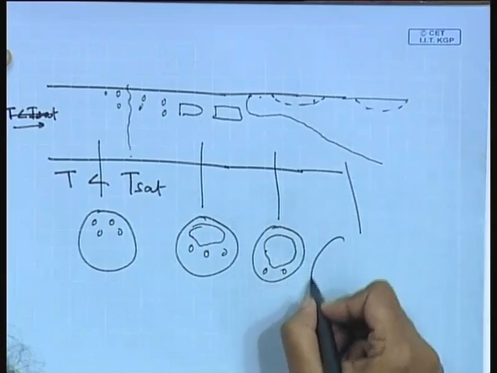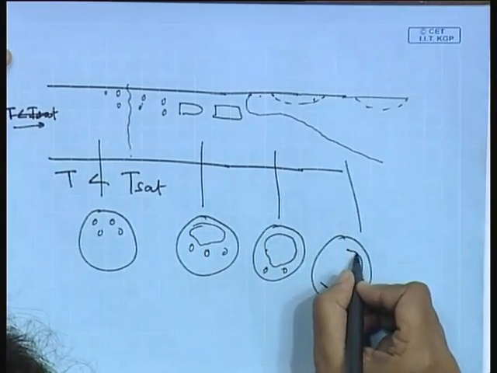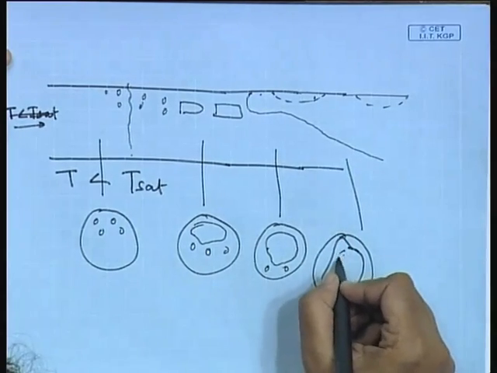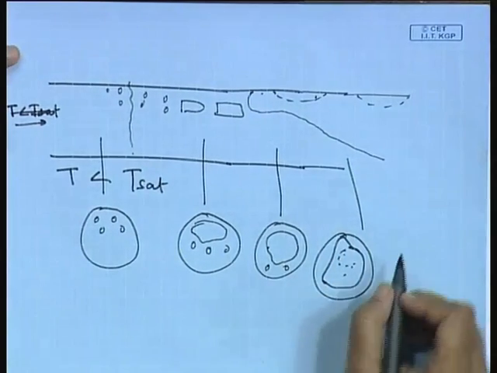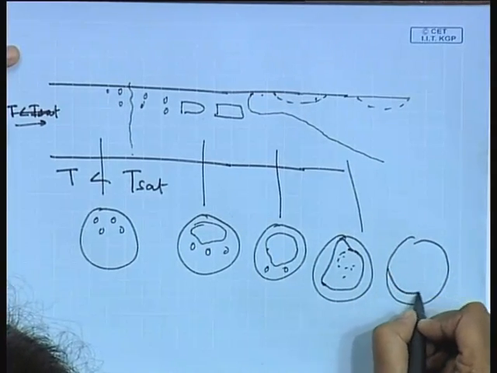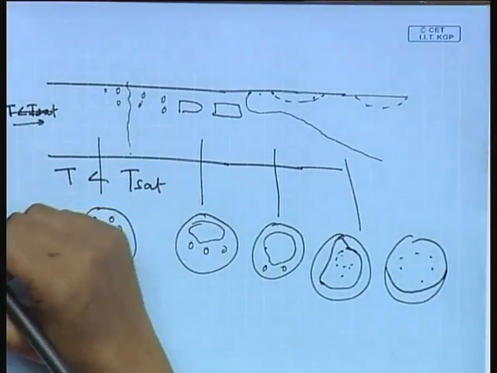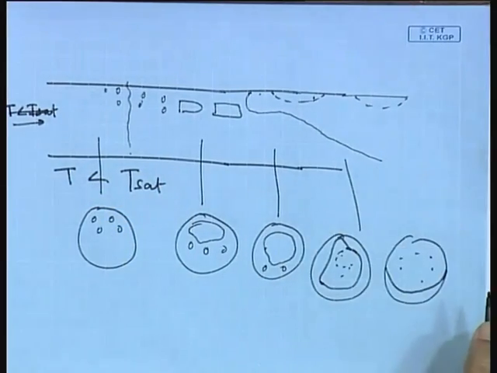We take another cross sectional view, we will find a thicker liquid here and a thinner liquid here and things like that. Then there will be portions when only the lower portion will be wetted and the upper portion will be dried out.